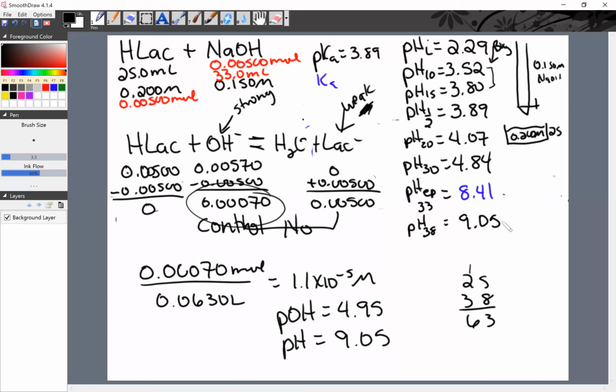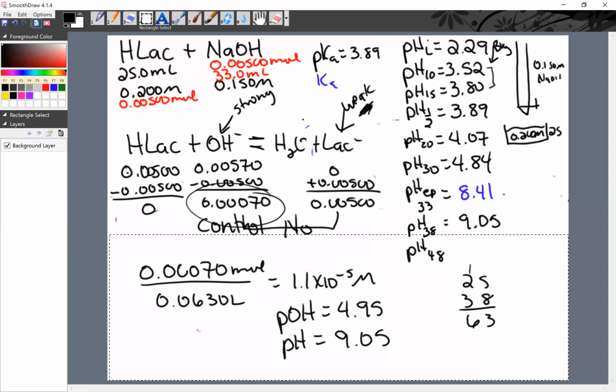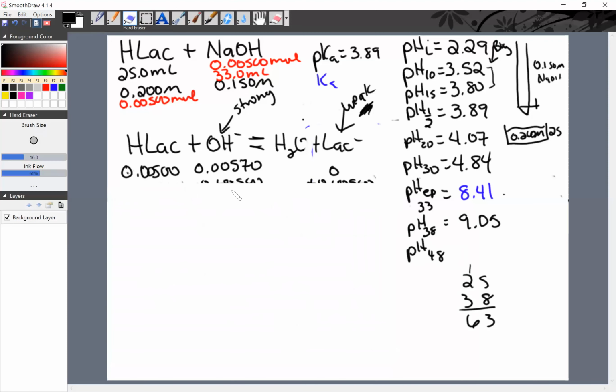And if I add 10 more mils on top of that, so the pH at 48 would be, oh well, let's just do it. All right, I started with 0.0050. How many moles of hydroxide did I throw in when it was 48? 0.0072.